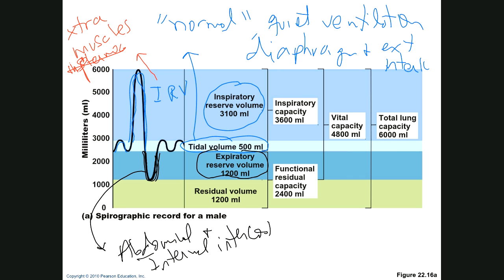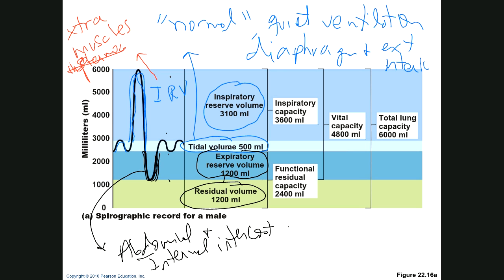There is a volume of air trapped in the lungs that we'll never get rid of unless the lungs collapse, and that's the residual volume. So know the volumes and know in the chart what part represents which of the volumes.